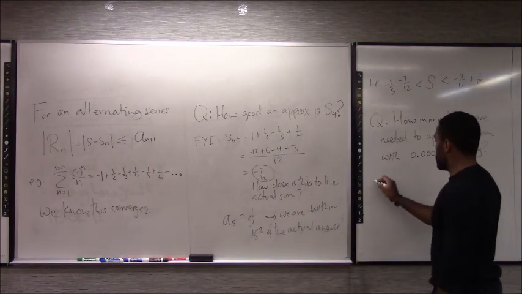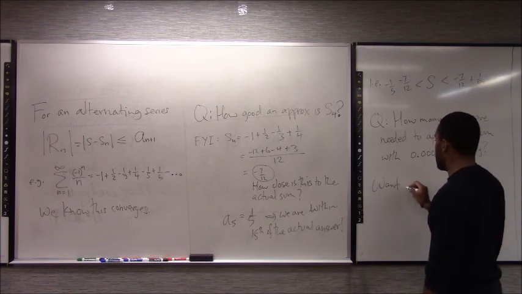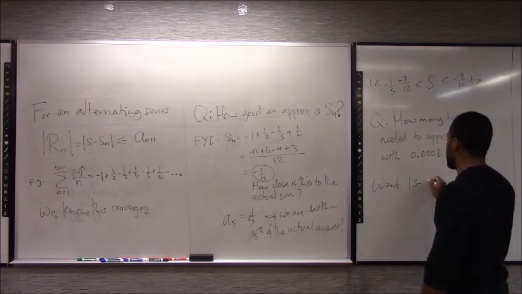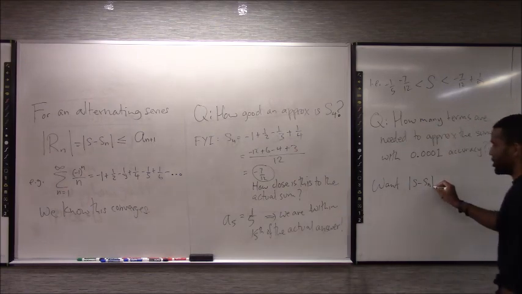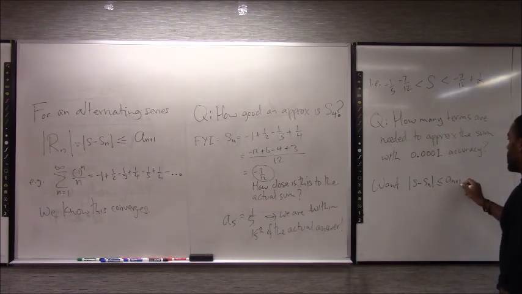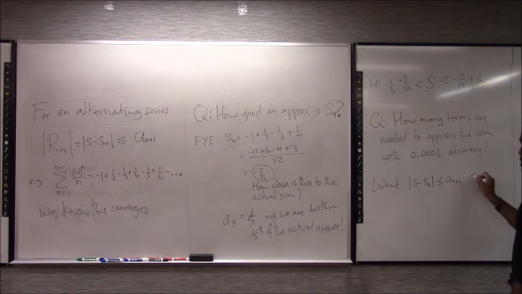Yeah, so here's how to answer the question. You want the difference between the nth partial sum and your actual answer, which we know is less than or equal to a(n+1), to be less than or equal to that number. So the n plus first term I want to be less than or equal to this. That's going to guarantee that this difference is less than or equal to that.